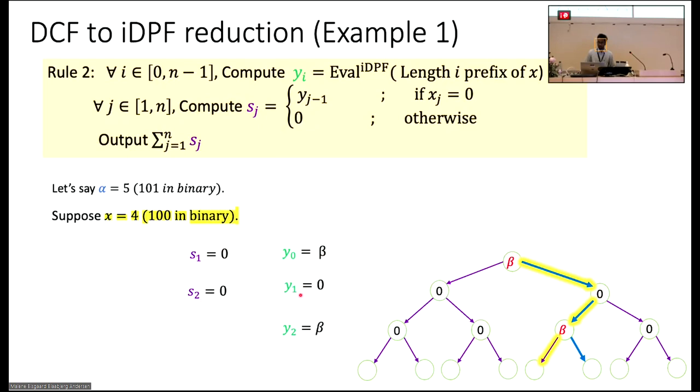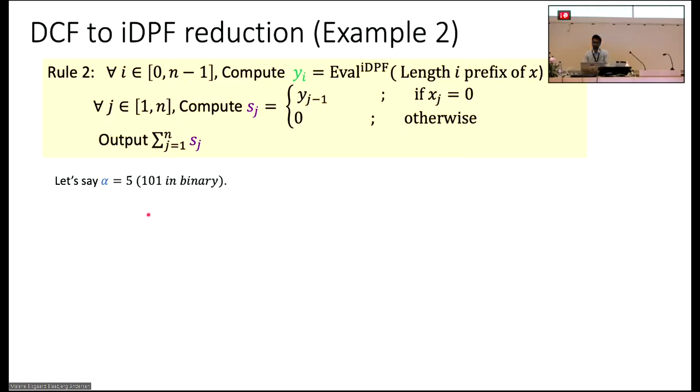S2 equals 0 because Y1 equals 0. And S3 becomes beta because Y2 is beta, and the last bit of X is 0. Then we add all these values up and get the output as beta. And this is what you would expect because X is less than alpha. So the output of the DCF indeed matches.